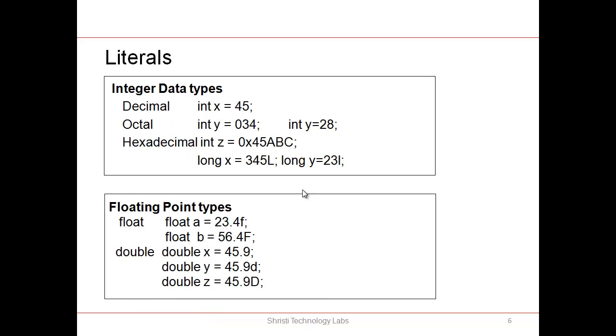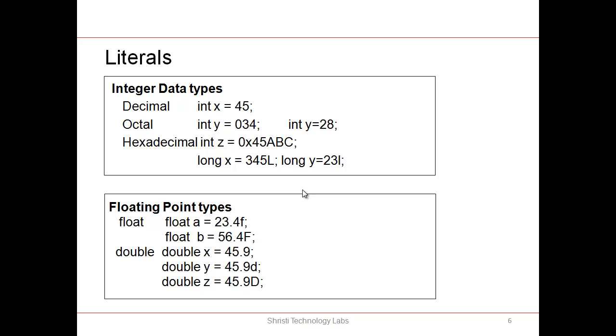Literals. What value you are going to give for the variable is called a literal. In integer data types, there are three different types: decimal, octal, and hexadecimal. For decimal, you can declare the values directly. If you want to declare a variable as an octal number, it is mandatory that you start with 0.